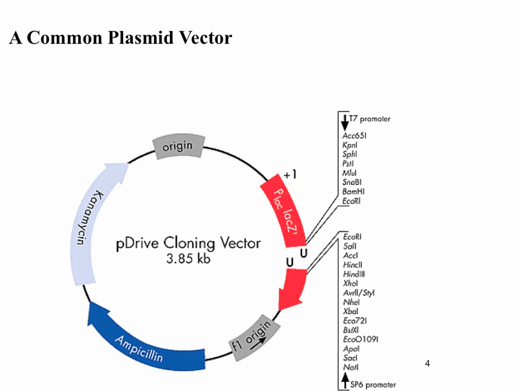And the last piece about this that's really important is this. So pLAC means that this is the LAC promoter. You remember we talked about the lac operon a while ago? And we said it has LacI, which is actually going to be around here somewhere in one of these unmarked parts.